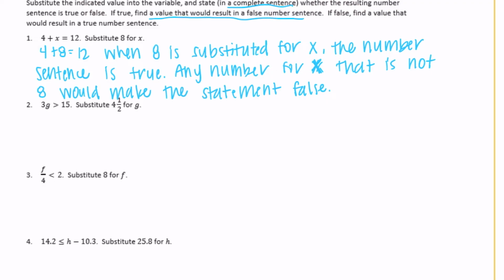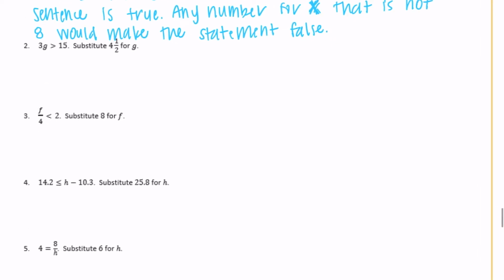Next one. 3g, or 3 times g, is greater than 15. So substituting 4.5 for g. So 3 times 4.5 is greater than 15. Well, 3 times 4 is 12, and 3 times a half would be 1.5. So this is equal to 13.5.